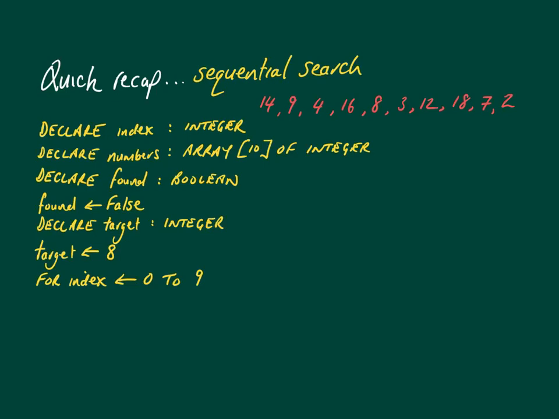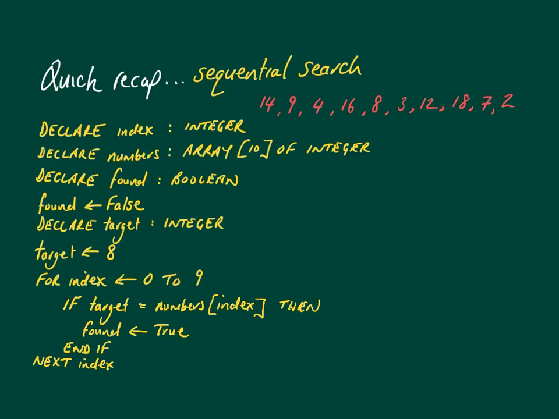And then for each of the items in the numbers array, we want to compare that to the target. And so if the target matches the current position in the array, then we set the Boolean found flag to be true. And then we just end if and end for.